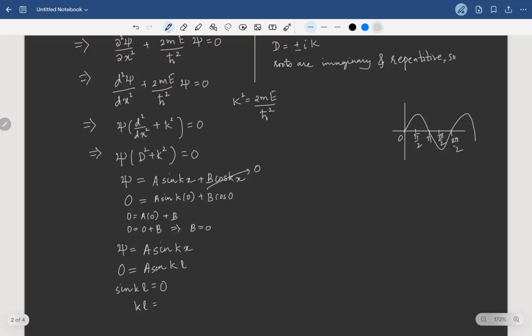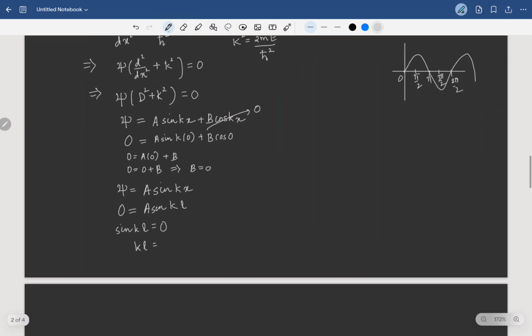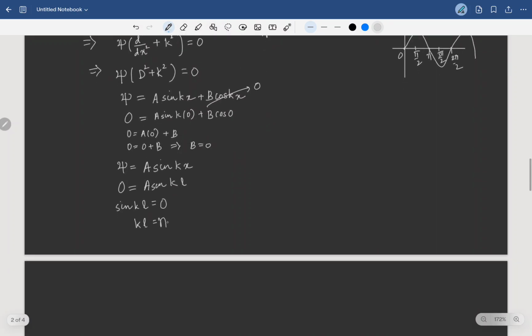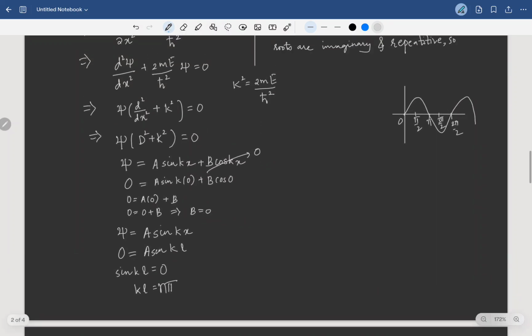So sin KL is 0 at n pi. KL is equal to n pi. Okay, I'll put it aside here for reference.